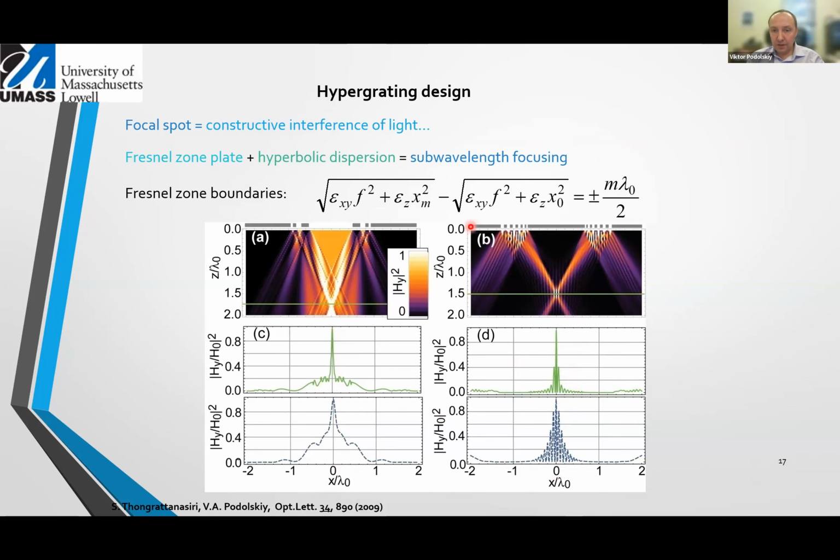What I want to point out is that this particular design, the design for materials that are normally reflective to normally incident light, is ideally suited for optical angular momentum beams, because there is no light entering the structure in the middle, and all you need to do is design the structure that is going to take the periphery of your optical beam and focus it down to the spot, either inside your system or at the boundary of your system, so you can interact this focal spot with a nanoscale object on the outside.